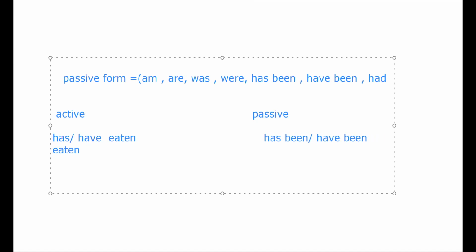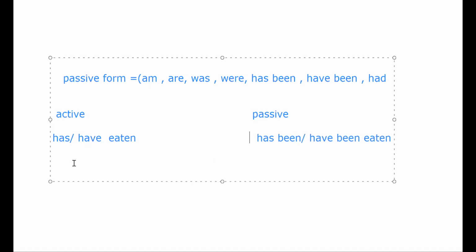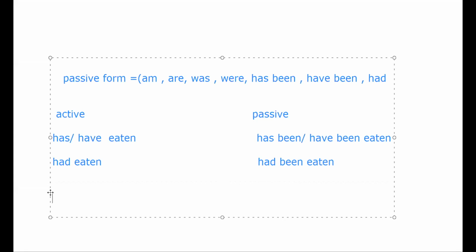Now, what about had eaten? No confusion here. Had eaten turns into had been eaten. Now, future perfect. Will have eaten. The passive form for this is will have been eaten. Okay, fine.